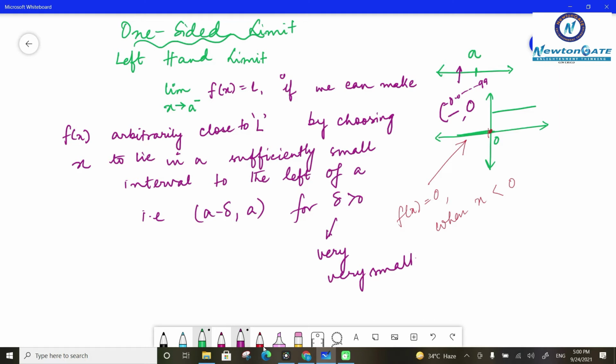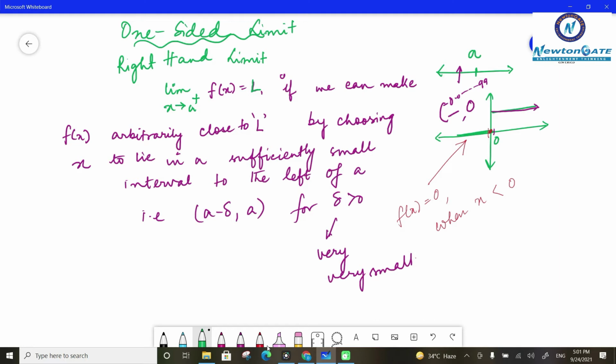In the same way, we also have the right hand limit. As you can see, if I take any value, however small, on the right hand side of 0, I will always get the value 1. So now if I write, this will become the right hand limit, x tends to a plus.